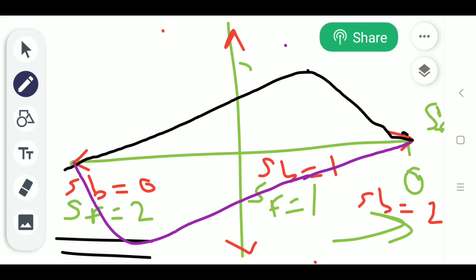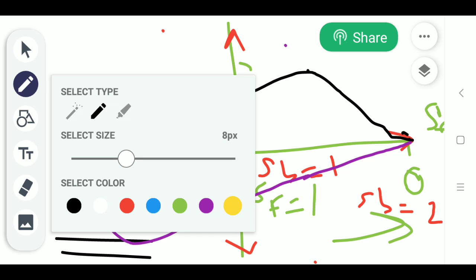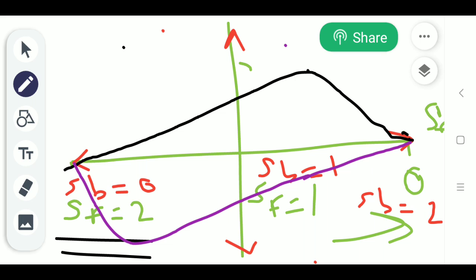Now we'll try to get a meaning from this graph. So this is torque and this is slip along the x-axis. T is along the y-axis. So what do you infer from it? Here at this point, the S values are the same and equal to 1. At standstill, we call this equal and opposite torques.